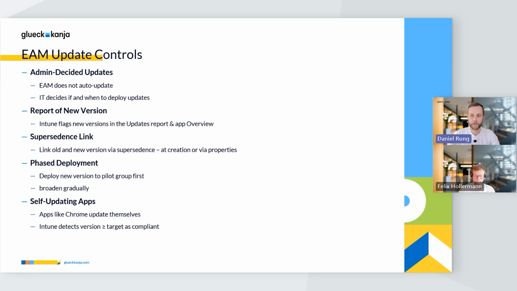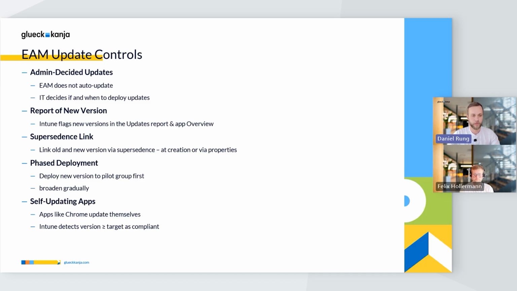And any admin decides when he updates to which version. But here we must say it's always the newest version Microsoft is publishing of the application itself. So the admin can decide when he adds the update to the package.